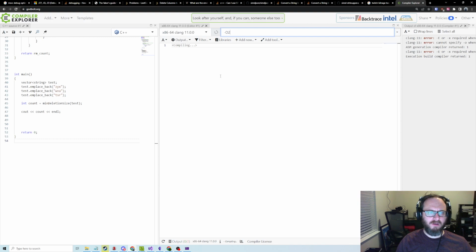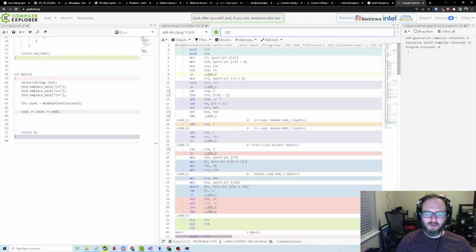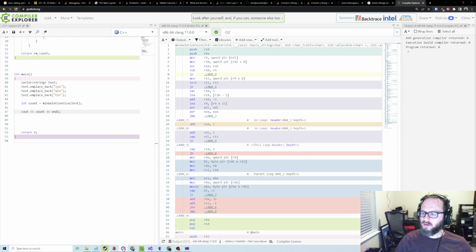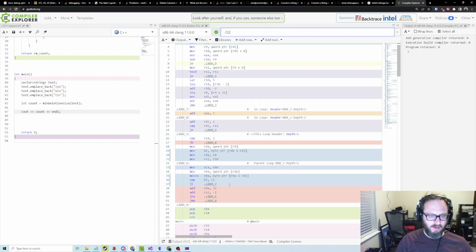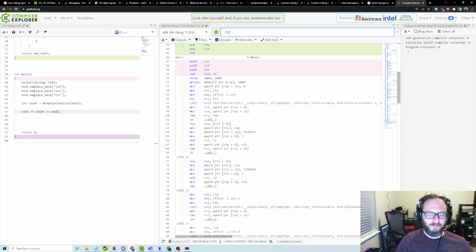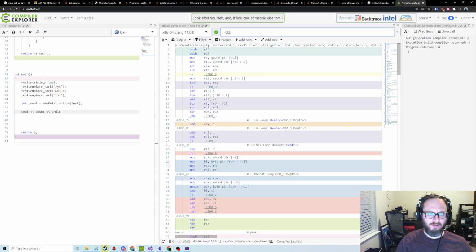That should compile it the way LeetCode is compiling it. Which still seems like it's compiling that. The only thing is, on Clang, I don't know what the O2 flag does.